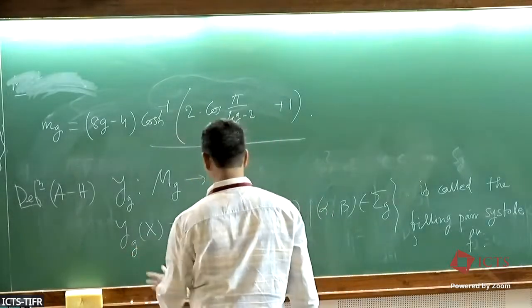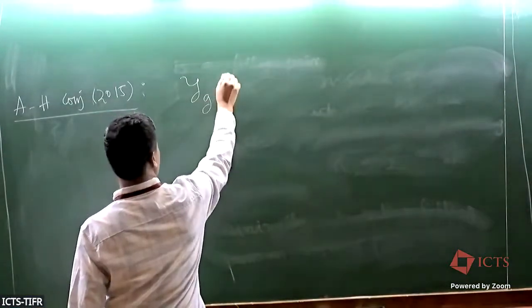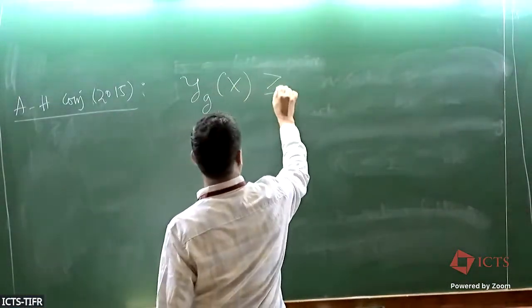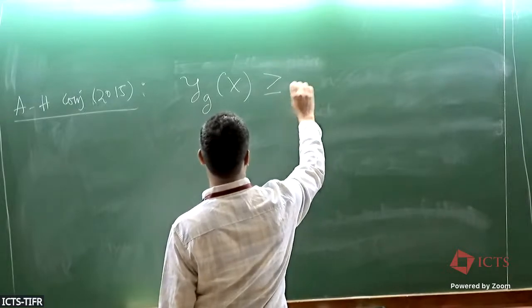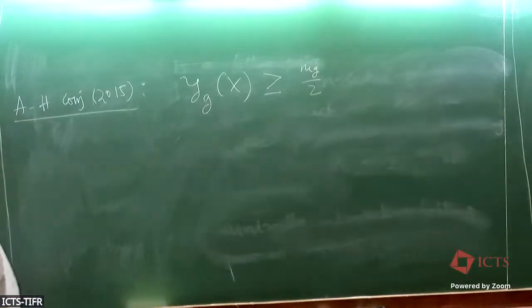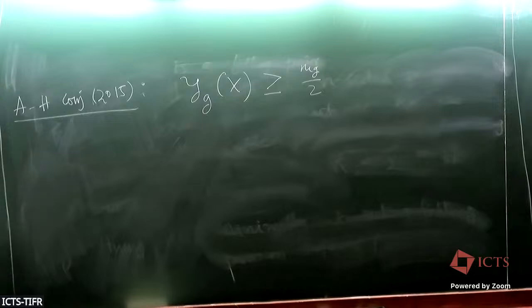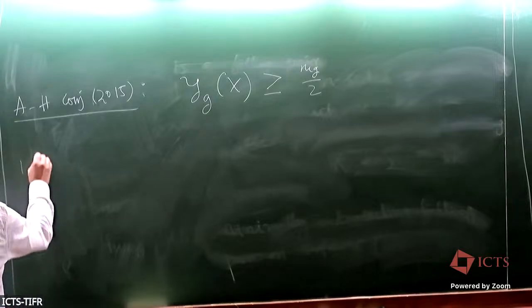And they conjectured that Y_g is bounded below by m_g over 2. So Y_g(X) is greater than or equal to m_g over 2. This conjecture is obtained by the following idea.